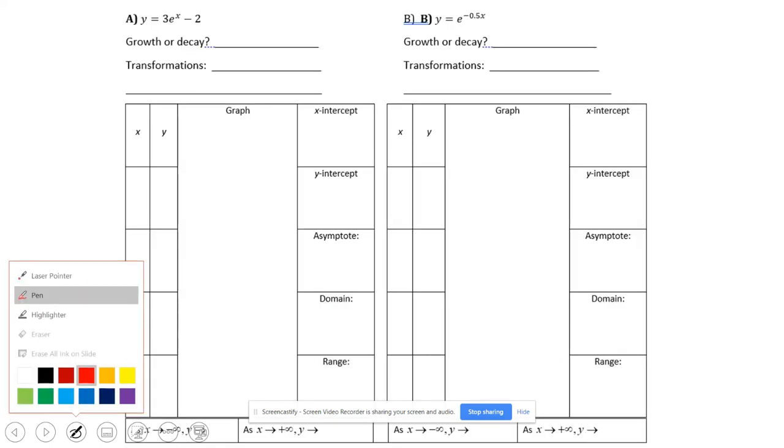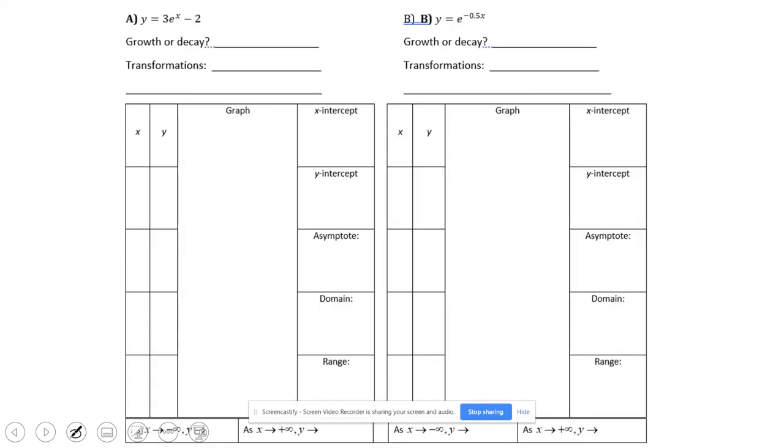All right, let's take a look. So this is growth because it is e to a positive x. The transformations are going to be a vertical stretch of 3 and then down 2.